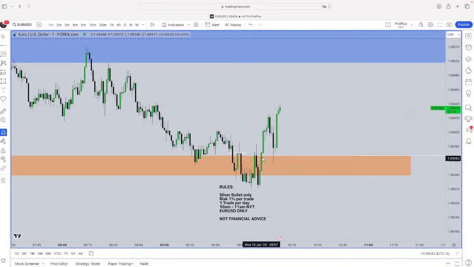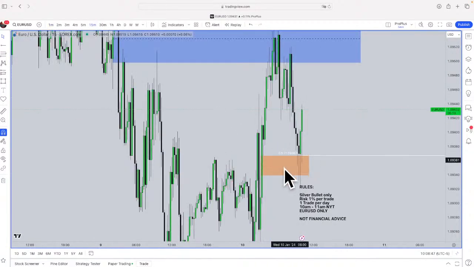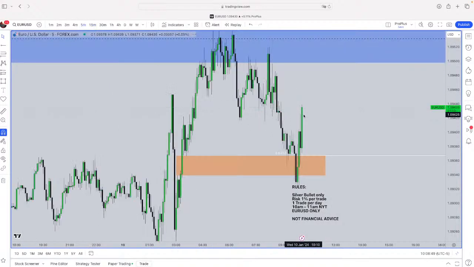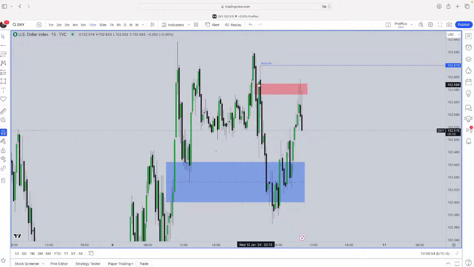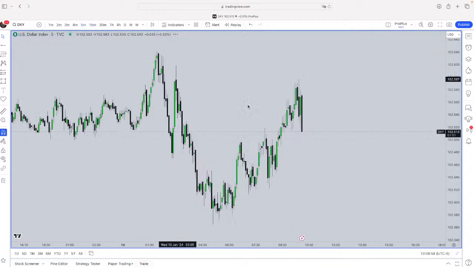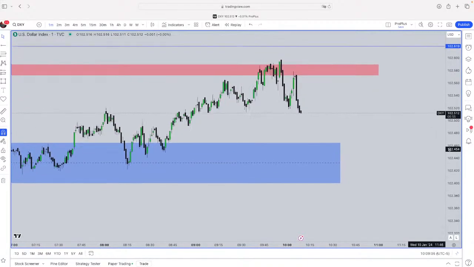This could have been a runaway here. I did like the fact that it was bouncing off this BISI. And on dollar, this 15-minute SIBI here, if you draw that across, it has rejected it nicely. We can see how it starts respecting the bearish PD arrays.